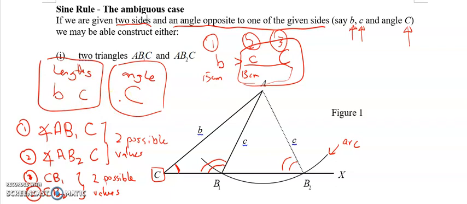So if the question asks you to calculate angle ABC, you are supposed to identify this ambiguous case, and you must take into account two possible values of the angle. You have to calculate two values of the angle, and for the length BC or CB, you have to calculate two sides. So this is a very definite case. The question gives you two lengths and one angle, and the angle is opposite the shorter side between the two lengths. B is longer than C.